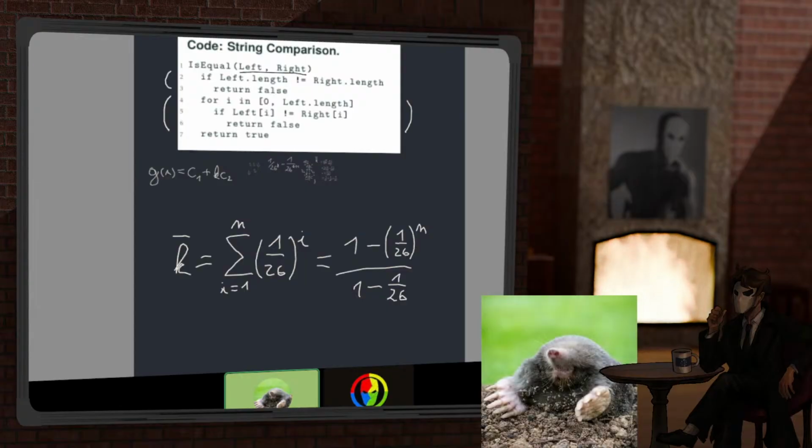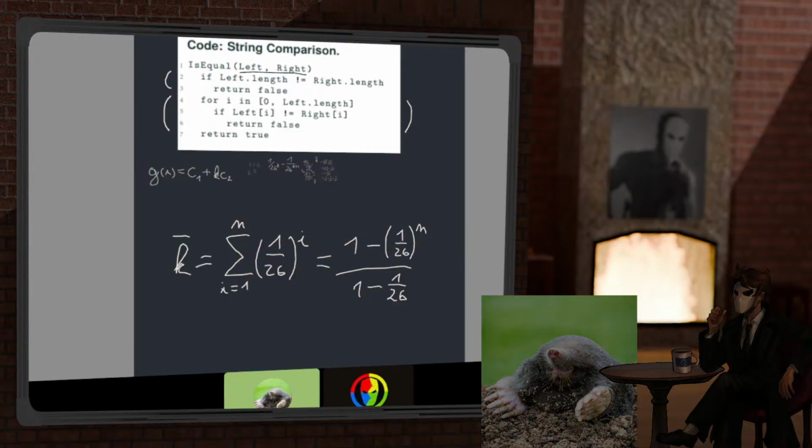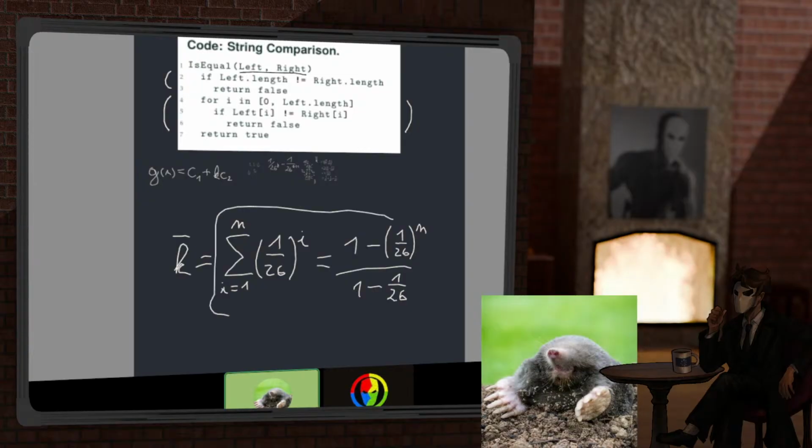I am not going to give the proof here. If you want to find it, you can search for sum of geometric series. But yeah, we can remove the summation symbol to get a nicer formula for our average k.